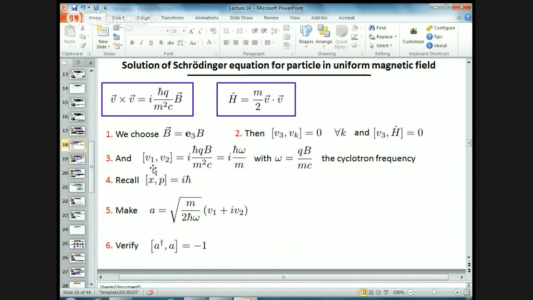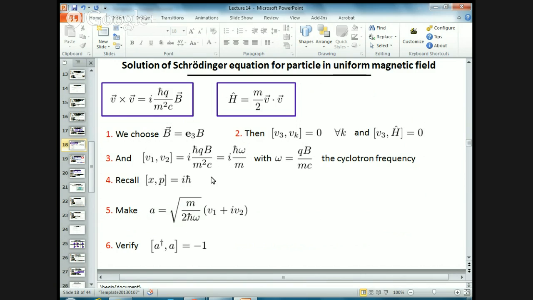You've seen commutators before that are proportional to i. Here's one. This is the foundation of the Schrödinger equation, the commutator of x and p, plus i h bar. So you see, this is just the commutator of conjugate variables.